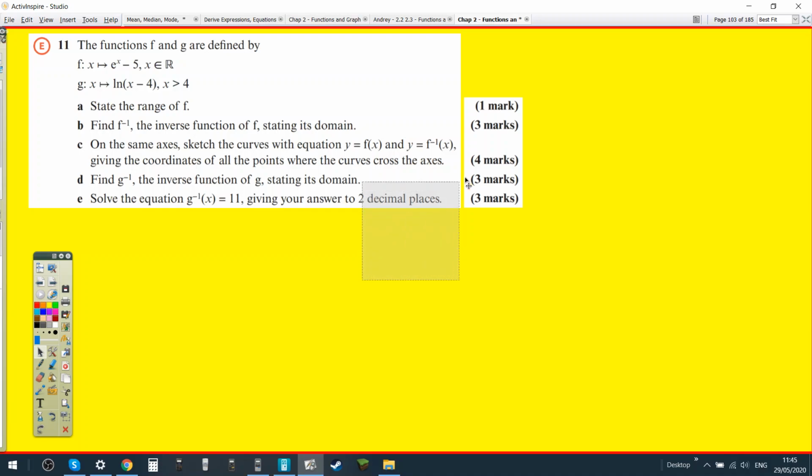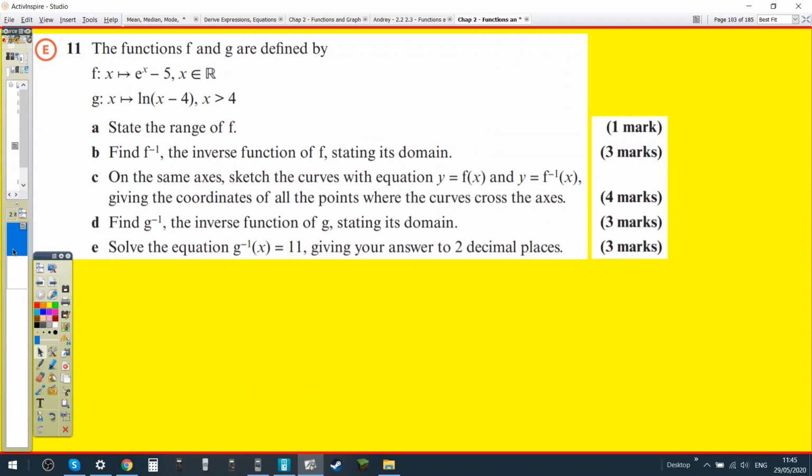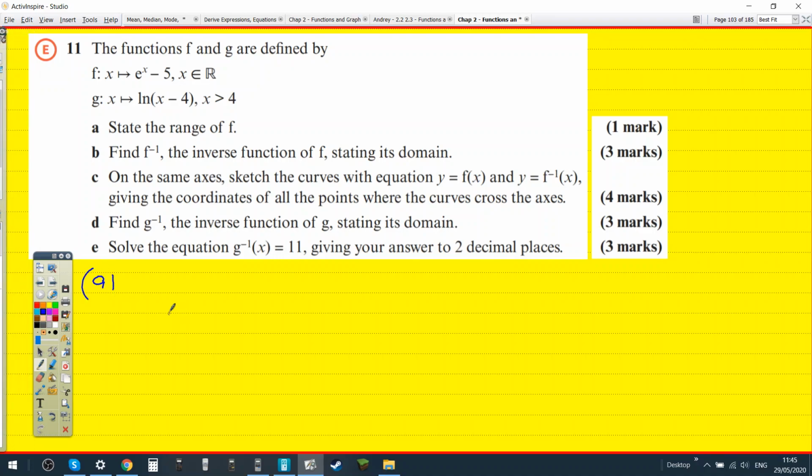Let's see. Okay, what is this one? Okay, so to find the range of f, do I need to make x equals 0?